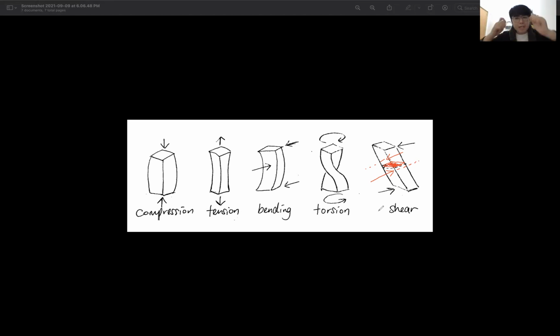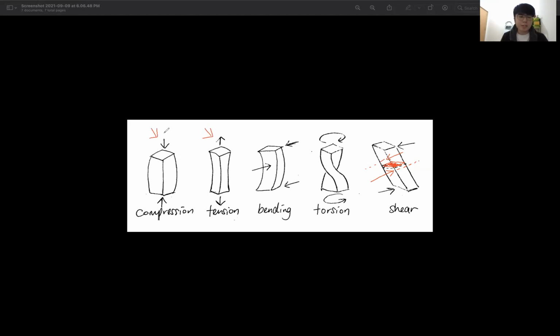So there are many forces that can deform a material, and many types of deformation. But we only focus on the first two in our syllabus, compression and tension.